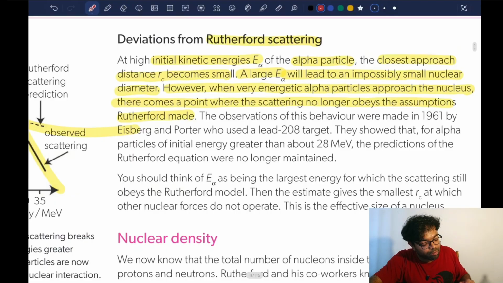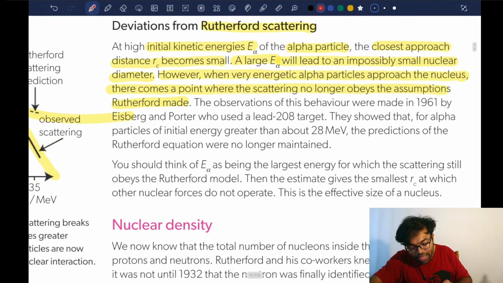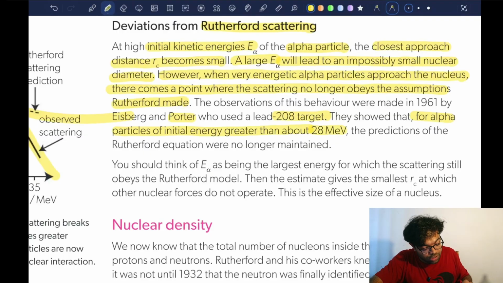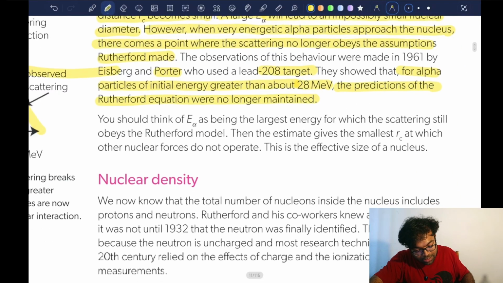This behavior was observed in 1961 by Eisberg and Porter, who used a lead 208 target. They showed that for alpha particles of initial kinetic energy greater than 28 mega electron volts, the predictions of Rutherford's equations were no longer maintained.